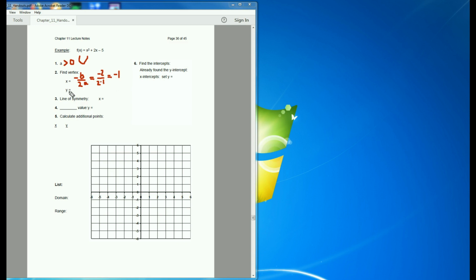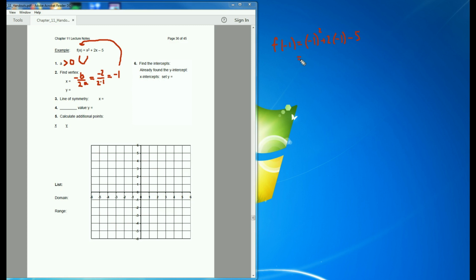All right, so for y, then we're just going to take -1 and put it back into the function. We're going to find f of -1. I'm just going to come over to the side here so I have more room to do that. So f of -1 is going to equal, so it's x squared, so quantity -1 squared, plus 2 times -1, minus 5.